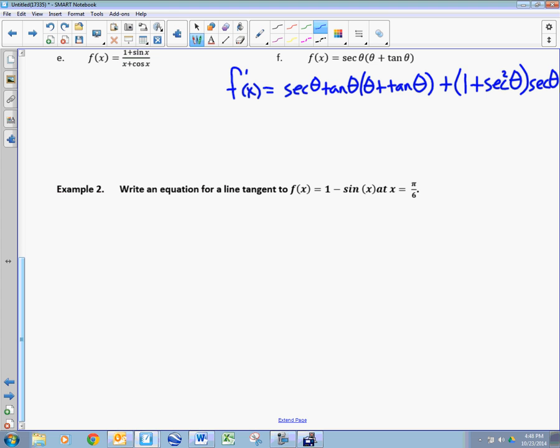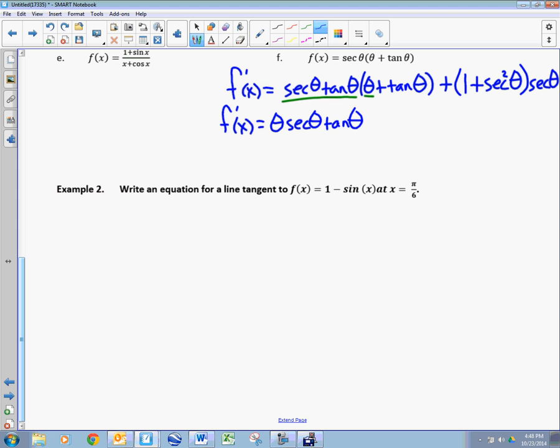I'll combine a few pieces here. Secant tan times theta gives me theta secant theta tangent of theta.